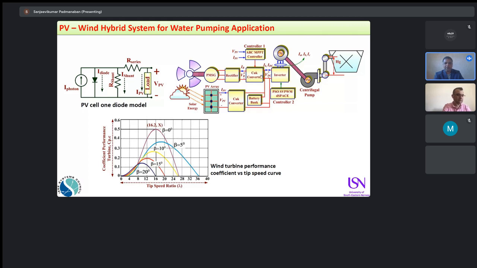And again, the DC power is boosted to a higher value because the inverter requires a minimum of 700 to 1400 volts. So we use these power electronics converters to increase the power to a high level. And we control the inverters by using particle swarm optimization along with advanced space vector modulation schemes, and we drive the centrifugal pump for irrigation facilities.